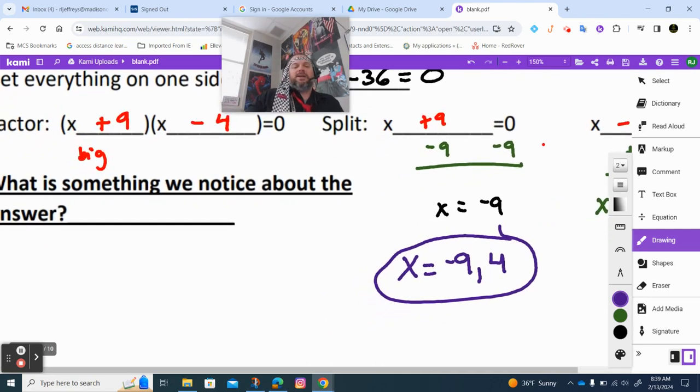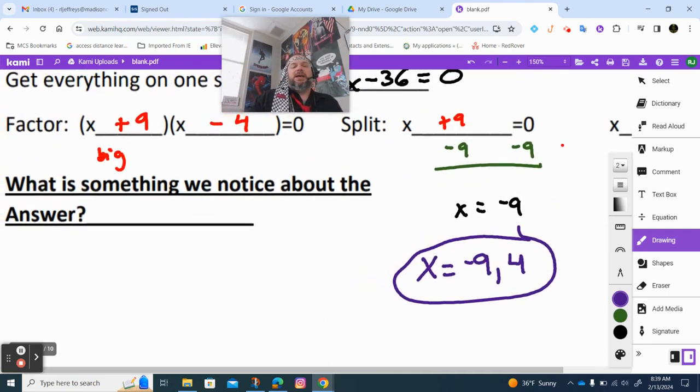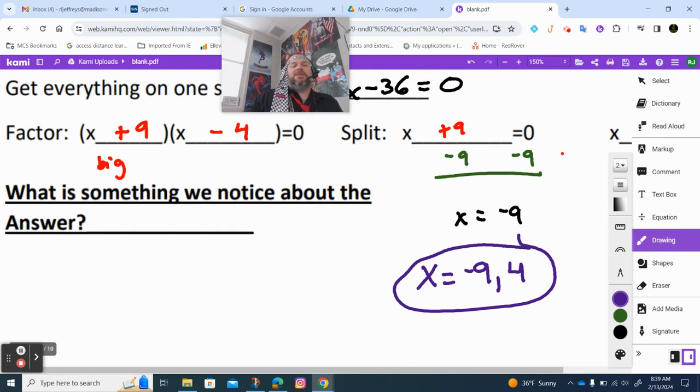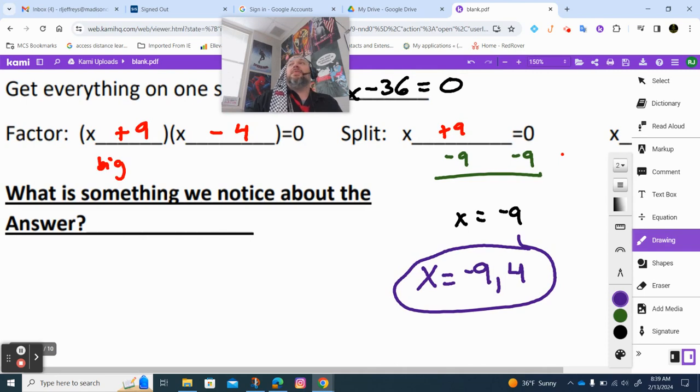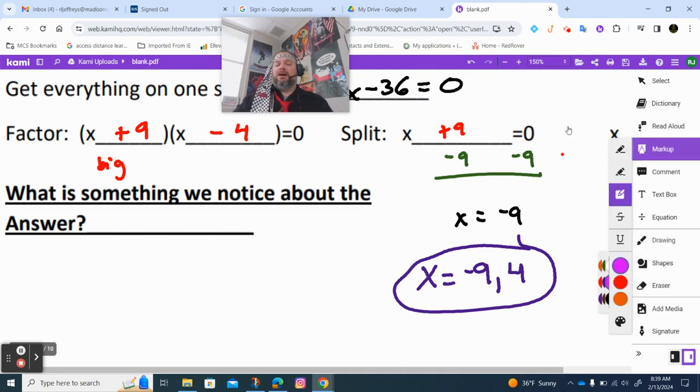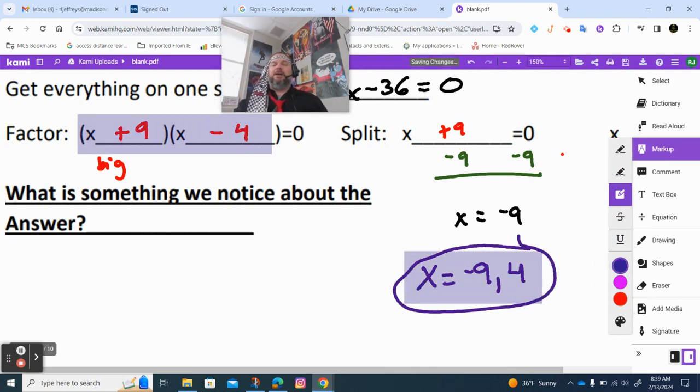Now, what is something that you notice about the answer versus the factored form? They switch, yes. All right. If we look at it, here's our factored form. Here's our answer.